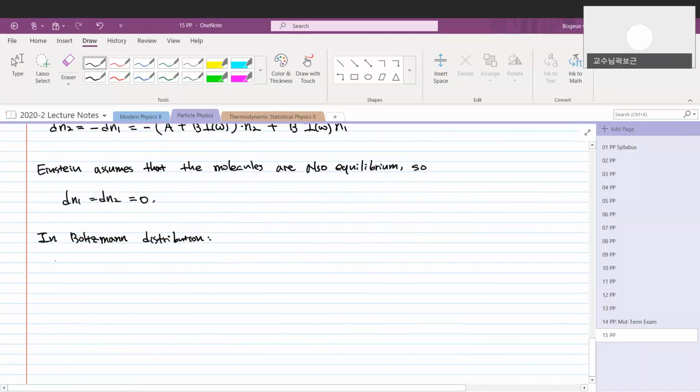Then N1 equals the total number of particles N times e to the minus beta E1, and N2 equals N times e to the minus beta E2.